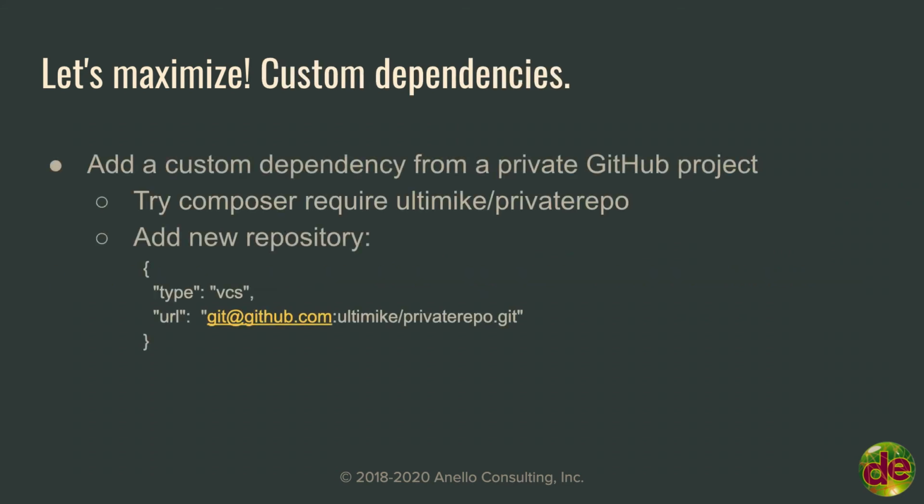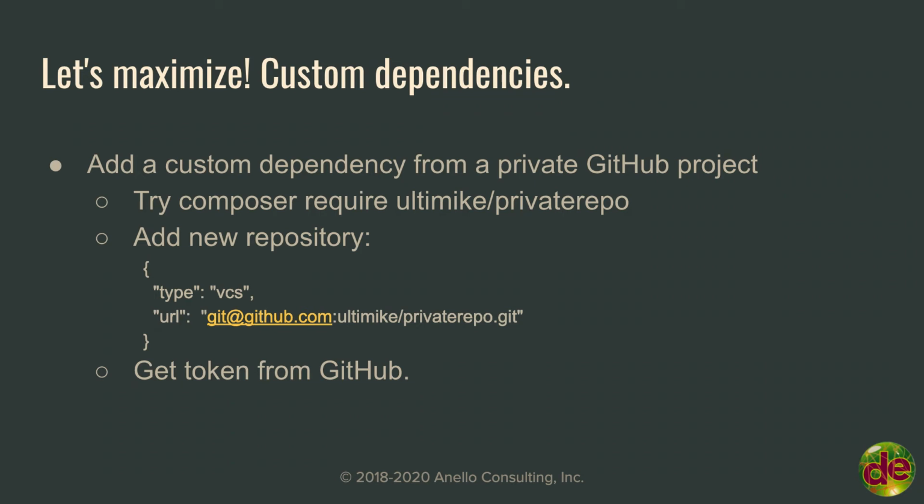People like seeing this demo, but it's not so much a Drupal one. It's a pretty easy thing to do, especially with GitHub. If you have a private GitHub project, like a custom module for your site that you keep in a private repo, it's really easy to include it with Composer. You basically just add a new repository of type VCS and give it the SSH path to your private repository.